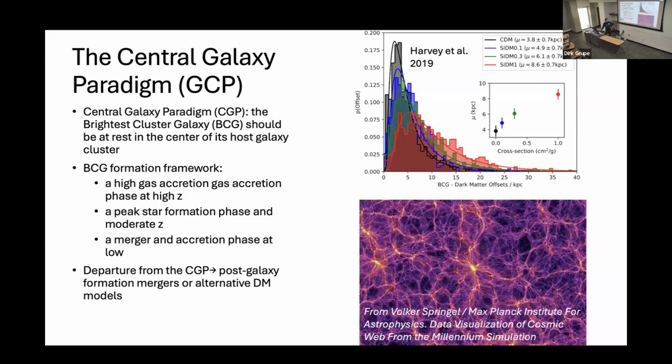These clusters form through a process of hierarchical mergers that is dominated by dark matter halo structures, where formerly separate systems combined to form more modern galaxy clusters.